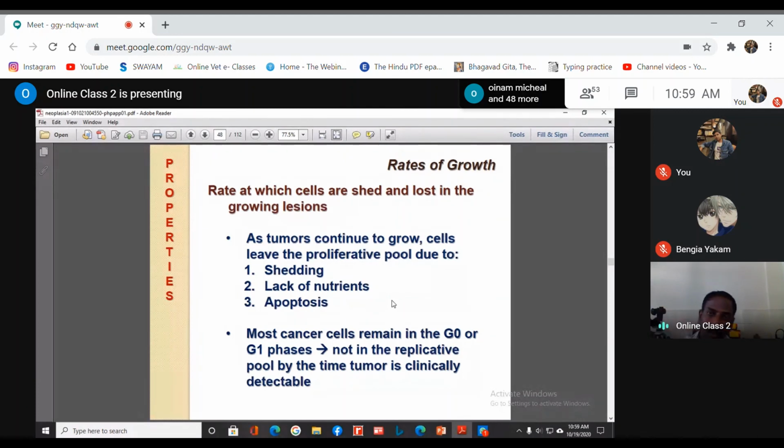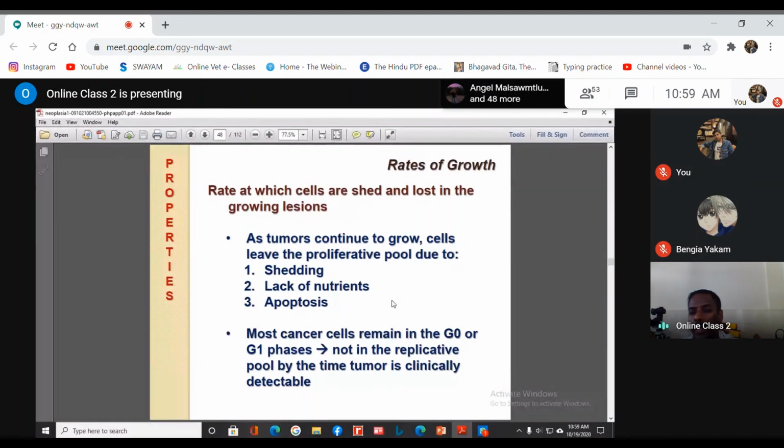As the tumor grows in size, the cells in the center will have less nutrients. When they have less nutrients, they undergo death. That is, they can undergo apoptosis due to lack of nutrients.